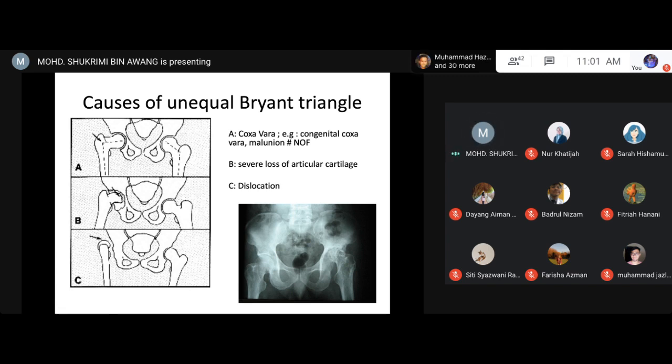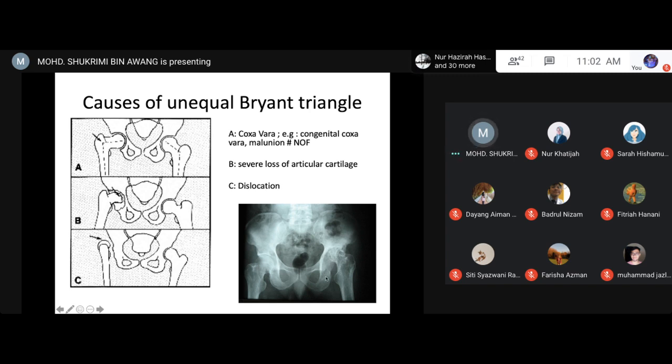The pelvic X-ray is symmetrical because you can see that the obturator foramina are almost equal in size. Either at the lesser trochanter level or the greater trochanter level, this is not at the same level. This one has migrated proximally. That's why your Shenton's line is broken.